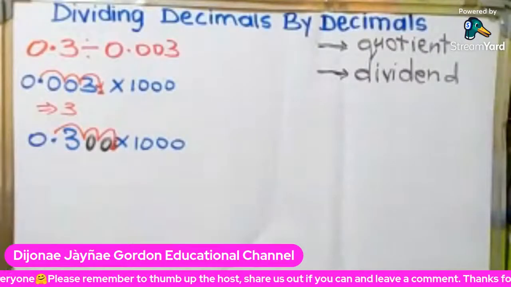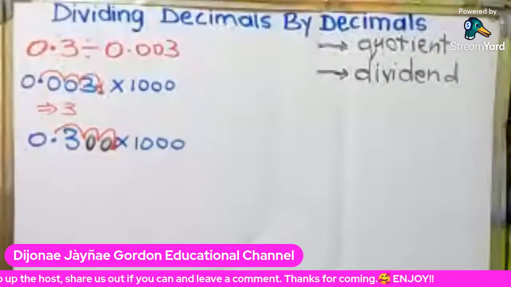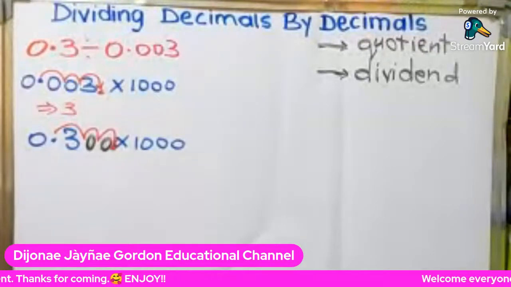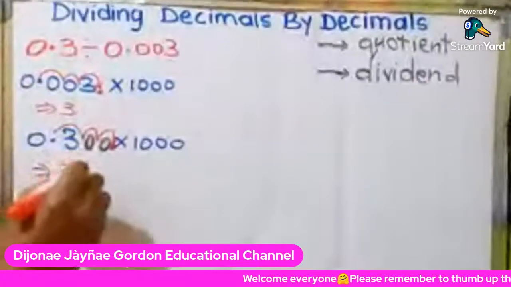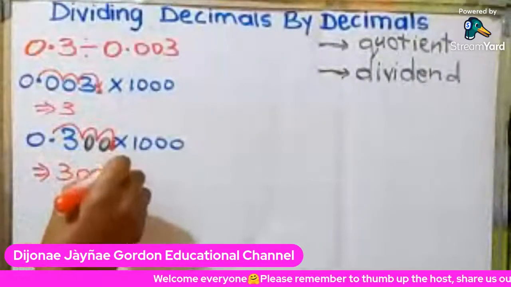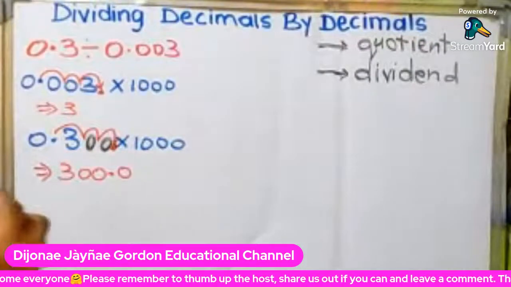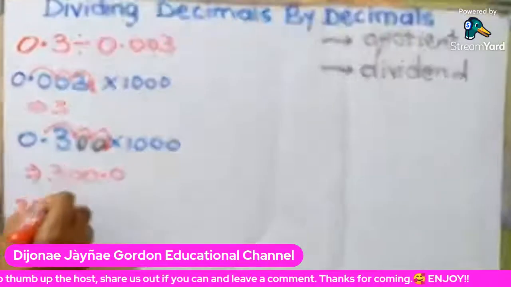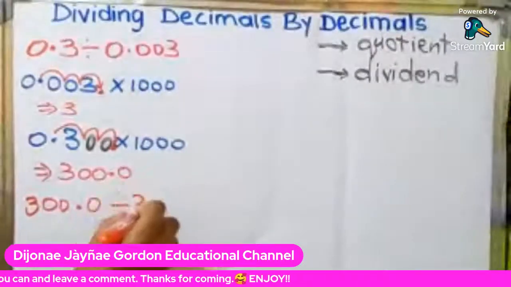All right. So that's what we have working with. What do we do next? I am now going to write so you see what we have. Of course, this is now going to be 300.0. All right. So let me rewrite the problem so we see exactly what we have working with. So that's 300.0 divided by 3.